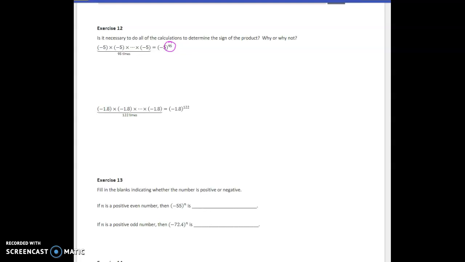So is it necessary to do them? No. It's an odd exponent, therefore I know my product will be negative. Whereas with this one, even though it's -1.8 as a decimal, if we multiply -1.8 by itself 122 times, that's even. An even exponent means your solution is going to be positive.